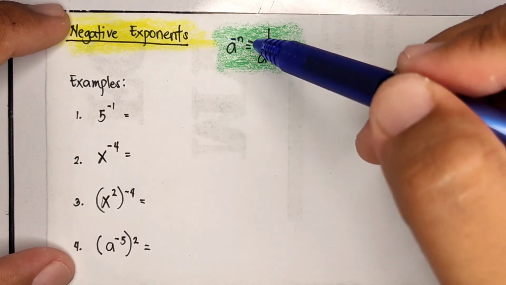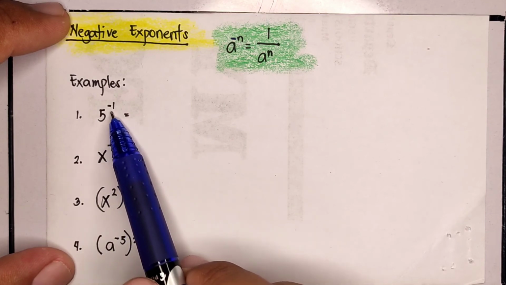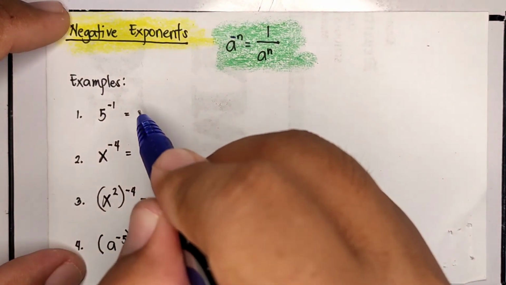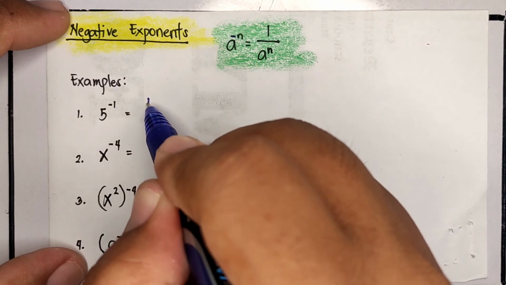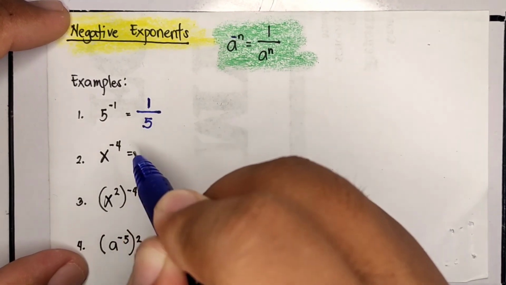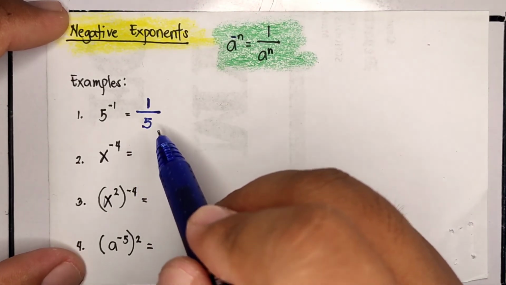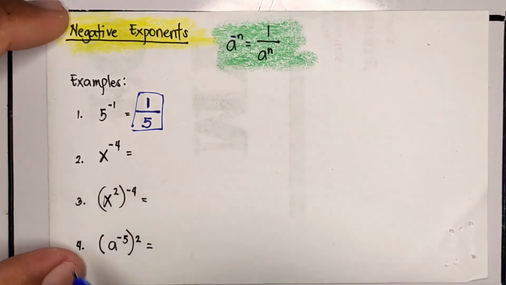Okay? Kung ano yung n, that is the exponent. Example, we have here a raised to the power of negative 1. Therefore, we have here, according to the rule, 1 over a. Okay? Then the exponent here is 1. Okay? That will be our answer.